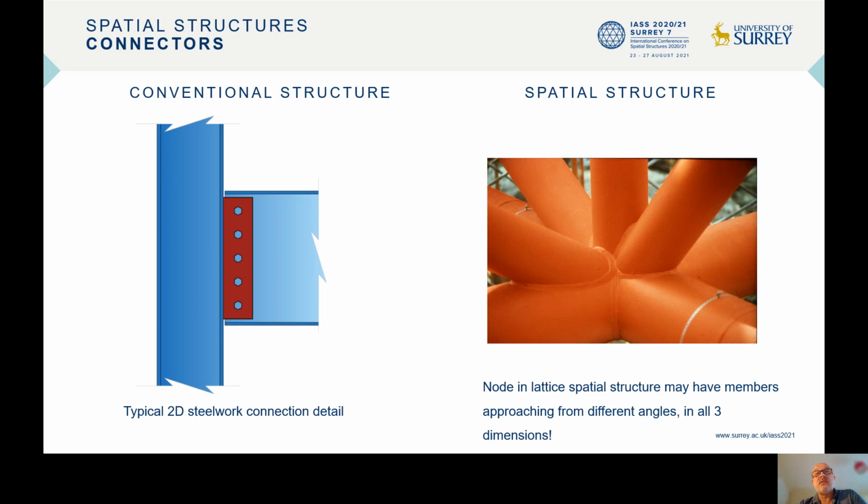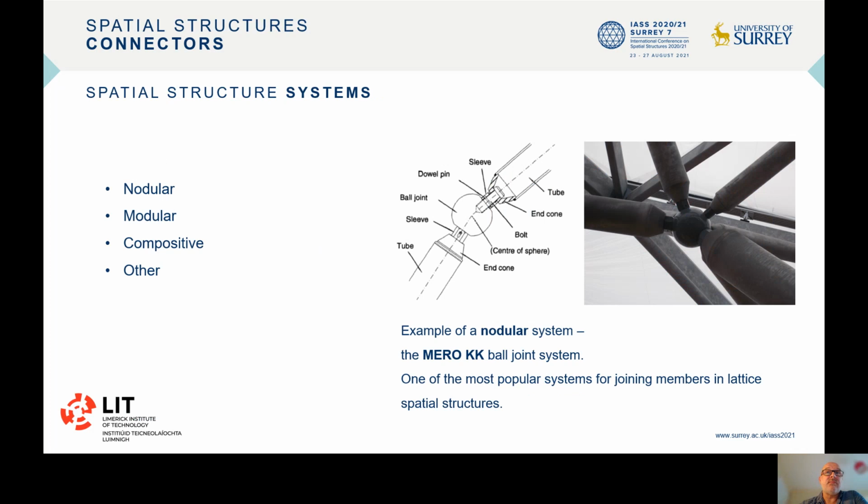And the paper talks about different systems then that have been developed to deal with that aspect of spatial structures, and looks in a little bit more detail then at the Miro-KK ball joint system, one of the most popular systems for joining members in lattice spatial structures.